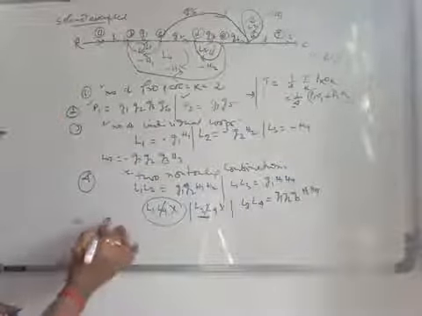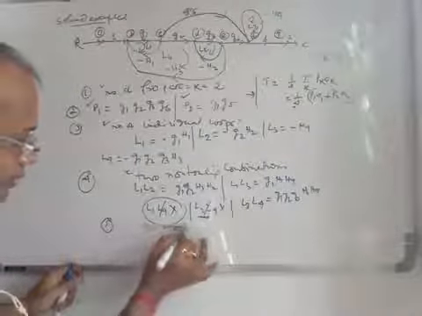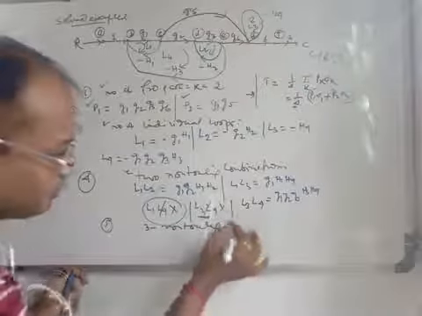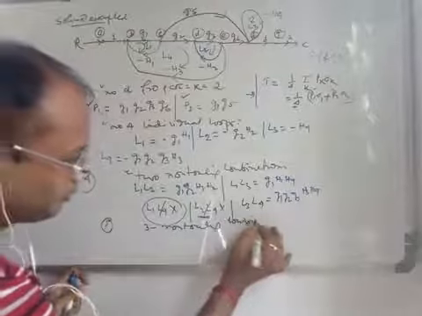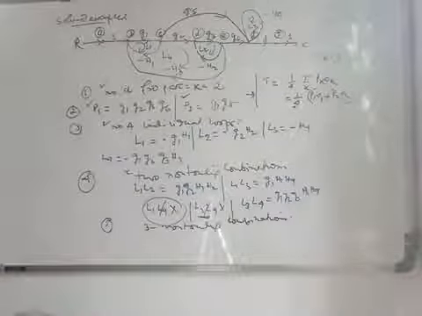Once this is obtained, next is to find out three non-touching combinations. Three non-touching combinations means maybe one combination is L1, L2, L3.